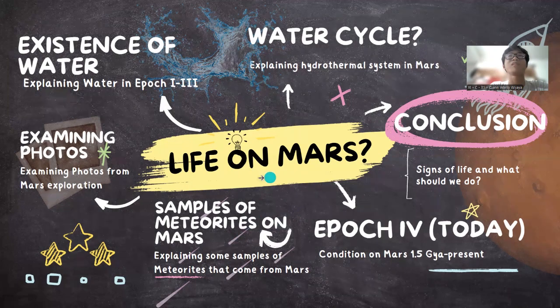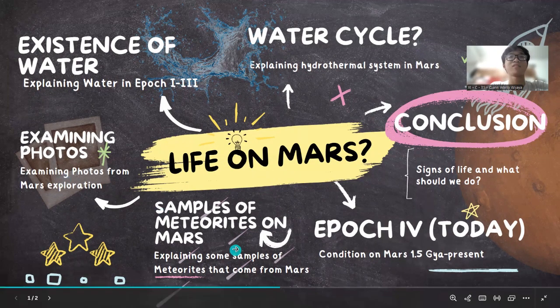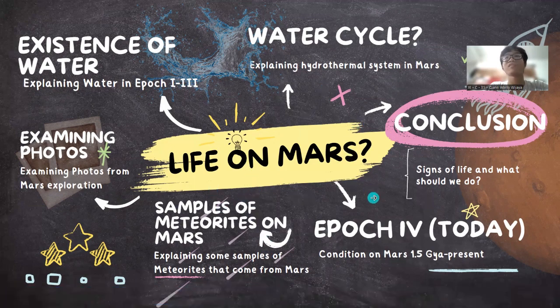This explains that life on Mars a long time ago is quite possible. And after this, I will explain the cons part of this argument.